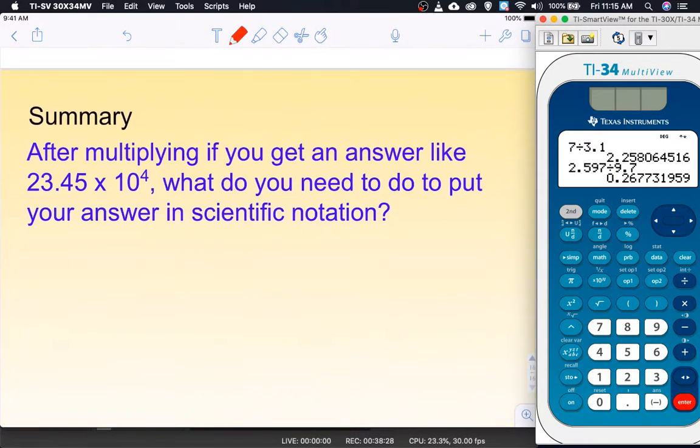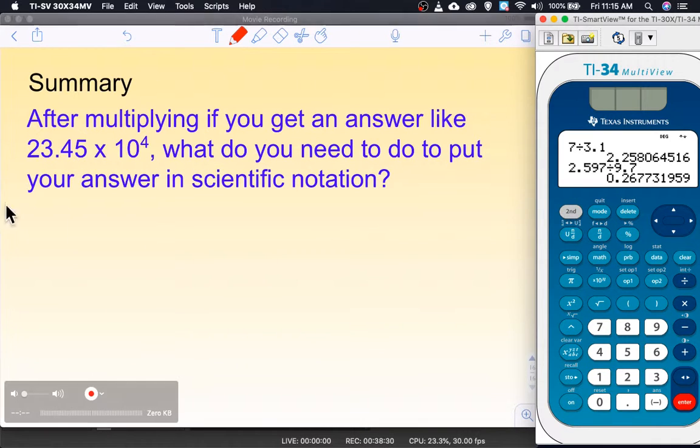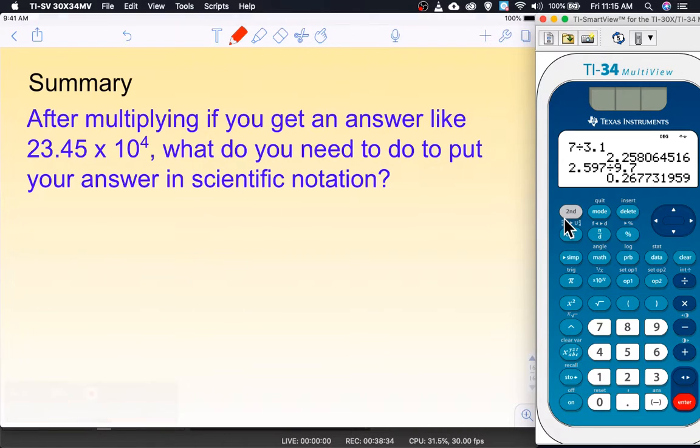Summary. After multiplying, if you get an answer like this, what would you need to do to put your answer into scientific notation? Take a second, pause the video, put down a thought or two, a sentence, and then hit play and we'll go through it together.